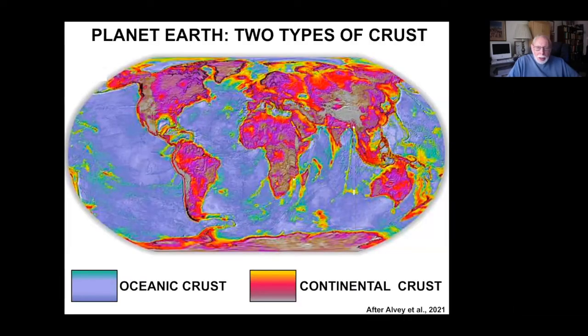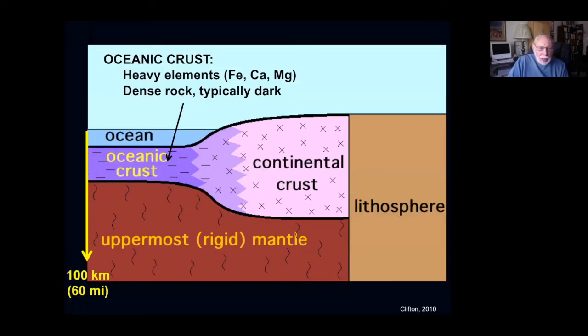So the Earth has two kinds of crusts, oceanic crust and continental crust, and the oceanic crust underlies the ocean basins. The continental crust underlies the continents. And that really establishes the ocean and continental configuration of the Earth.